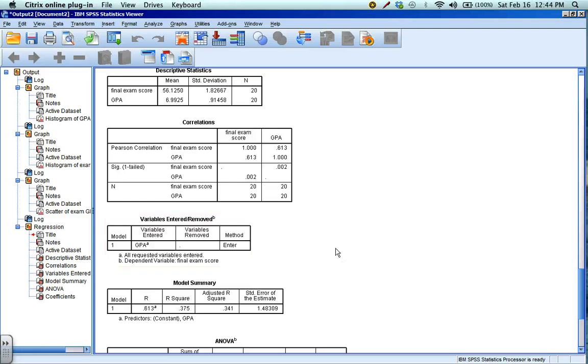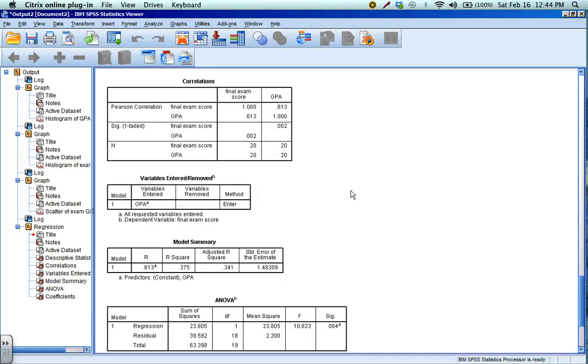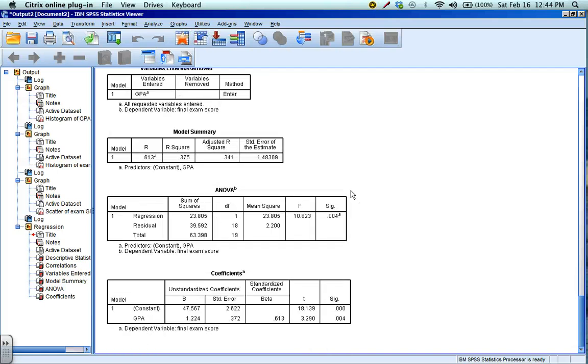The biggest thing about this is that we want to be able to predict. This regression is very similar to doing a correlation in that we identify whether it is a positive or negative correlation and what kind of strength. But the power of this is the actual prediction value. What we get from this is an equation.